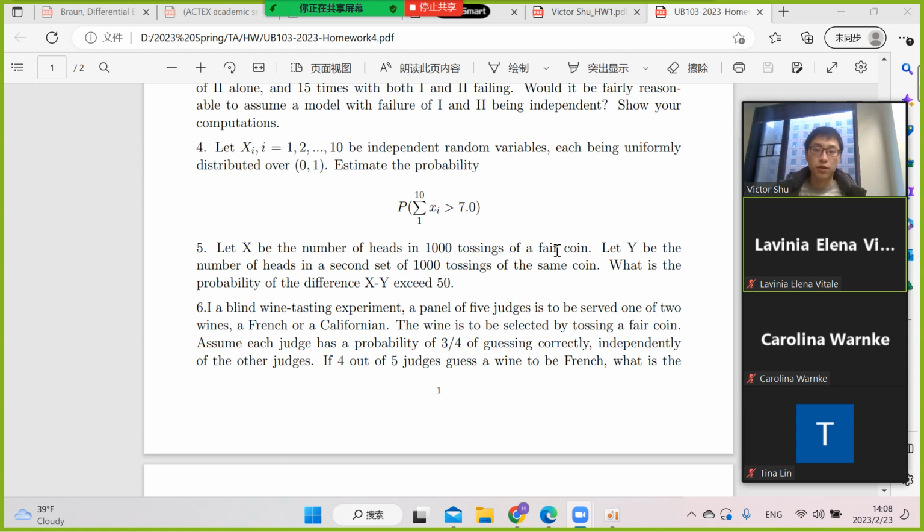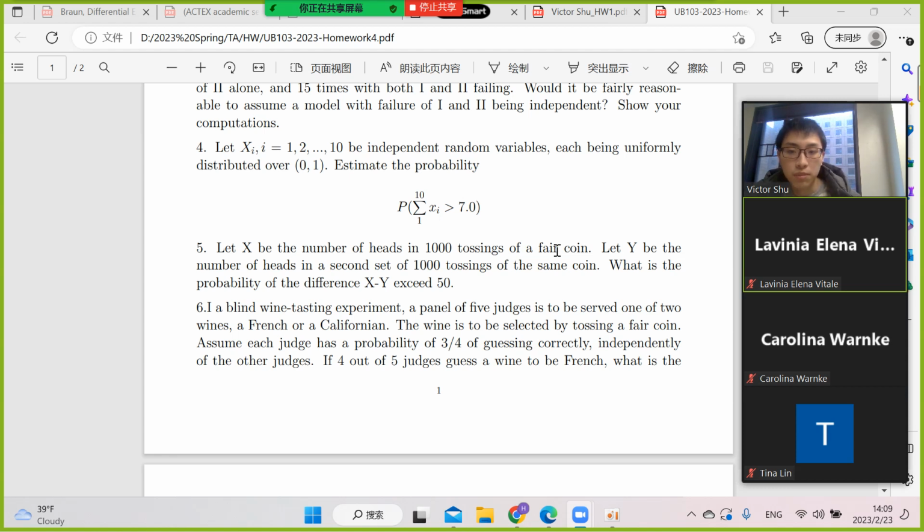Okay, so question 5 is a question about binomial distribution. But here we can apply the central limit theorem to do it. As you see, you have 1000 tokens. That's absolutely a very huge number, which allows us to utilize the central limit theorem.